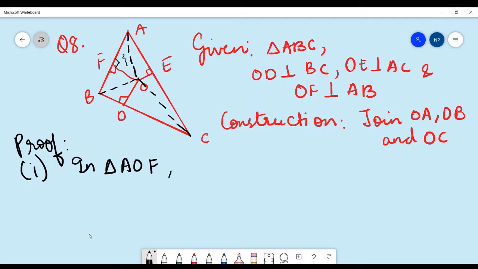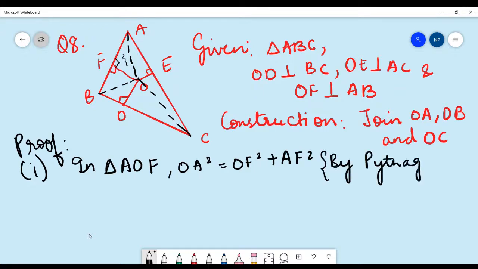So over here we are going to write OA square is equals to OF square plus AF square, in brackets, write down by Pythagoras theorem.